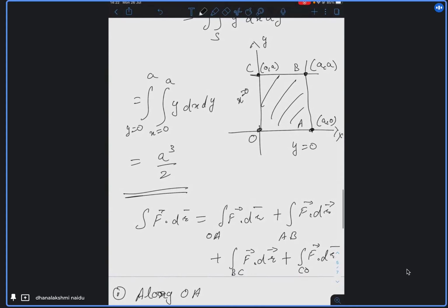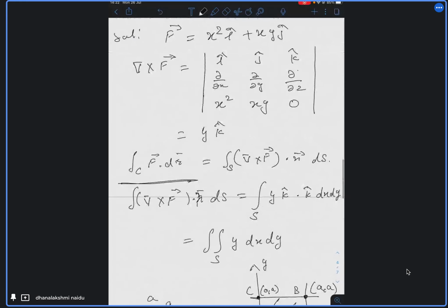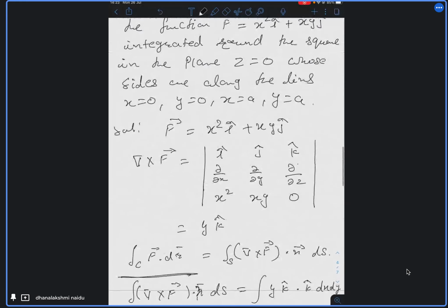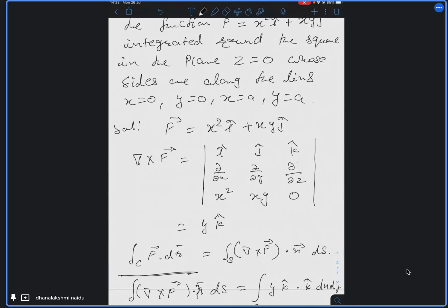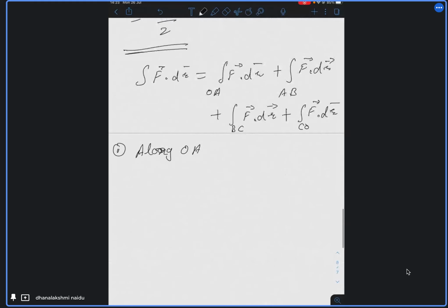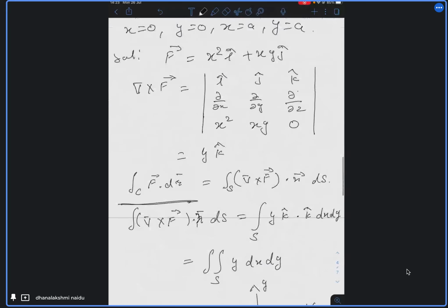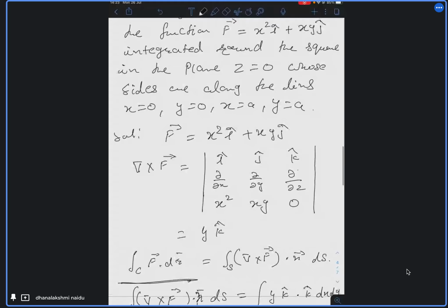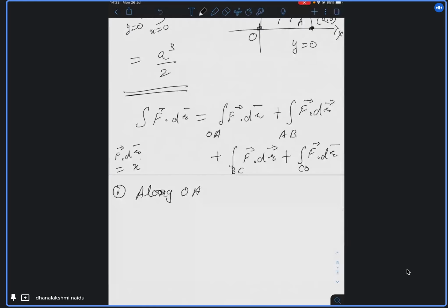When you calculate f bar dot dr bar, let us keep it aside, what is your f bar? This is your f bar. Dot dr bar will be x square dx plus xy dy. Is it or not? Yes, ma'am. That will be your f bar dot dr bar.